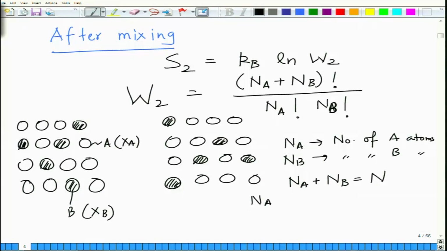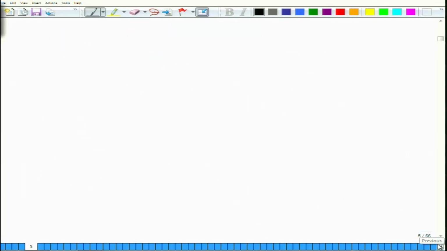So, Na divided by N will be Xa, and Nb divided by N will be equal to Xb. Okay.